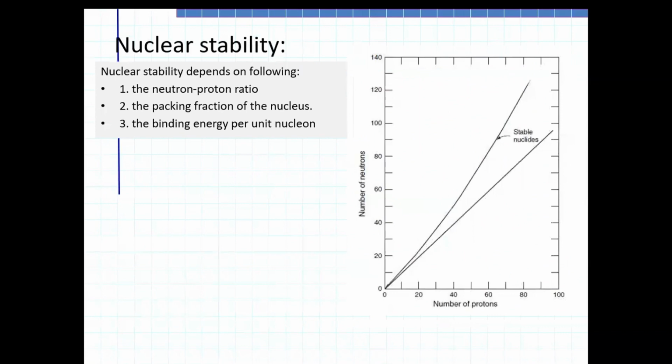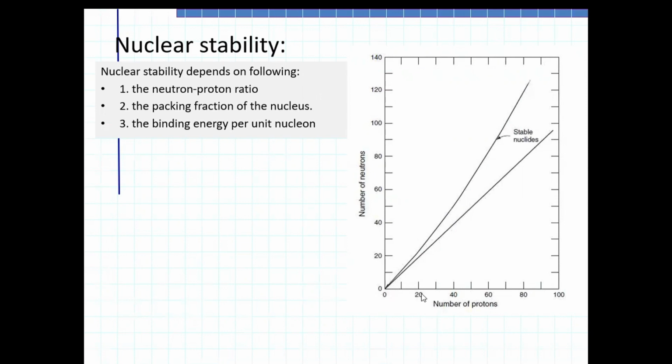It depends. If we look at the curve, there is a straight line which is shown here, and you can see here the number of protons on the x-axis and the number of neutrons on the y-axis.